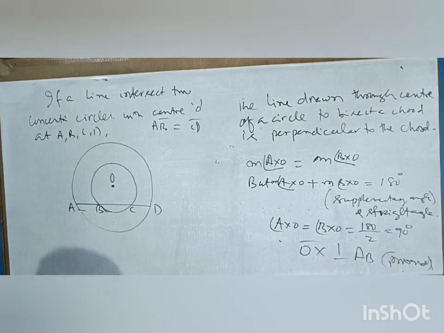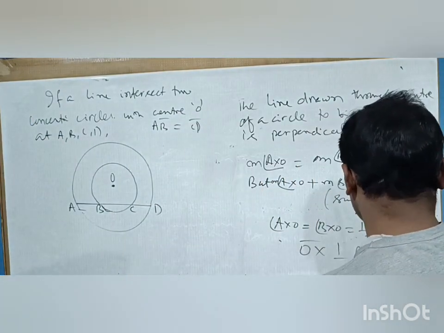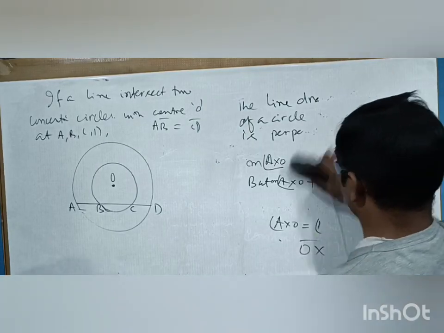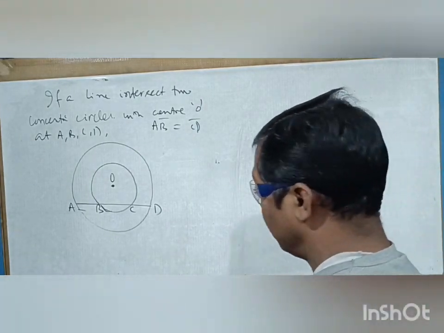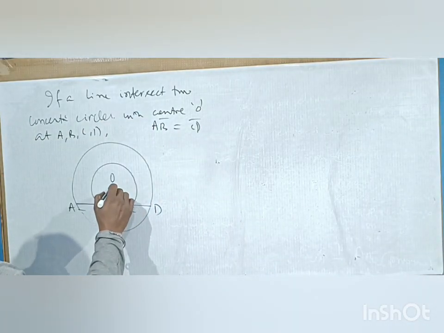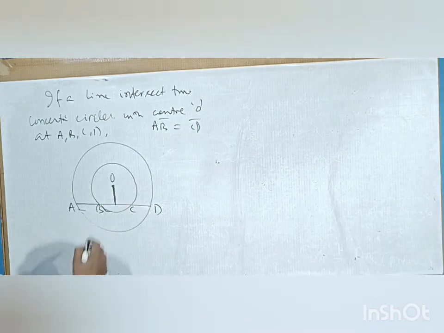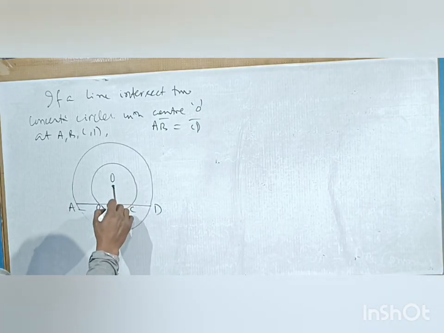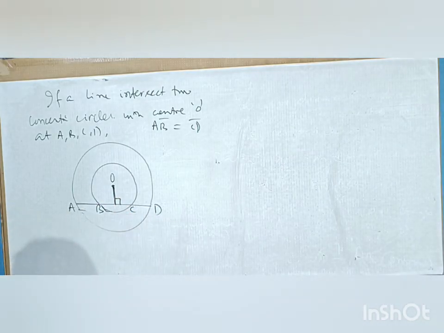How to prove? Based on these two theorems we have discussed now, it can be solved. See how the solution is made. We know from 10.1, 10.2 that a perpendicular will bisect the chord.